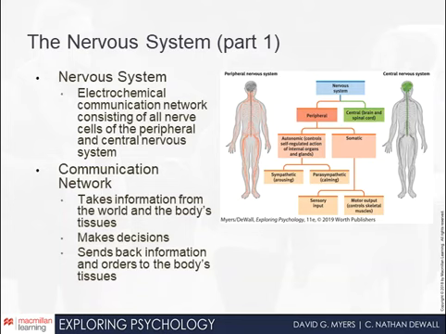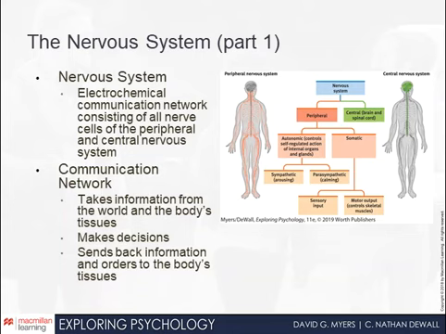So the basic premise is going to be this. There are also things going on in the environment around you. There needs to be some way for you to get information about the world around you into your brain so that you can make decisions about it. That's what the nervous system in part does. It has systems so it can bring information in, send it to your brain.